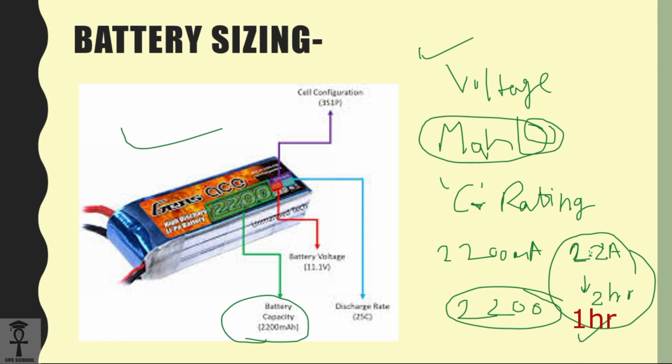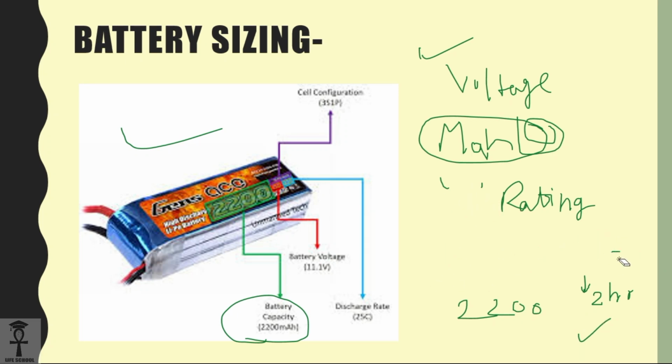So this is how the mAh works, and the C rating is the one which decides how much burst your battery can give. So C rating should be optimum because it should not be too low. If it is too low, then you won't be getting that much current which you require.